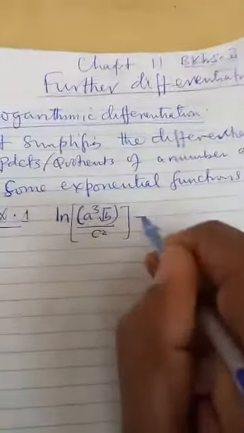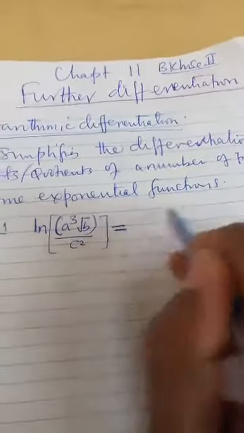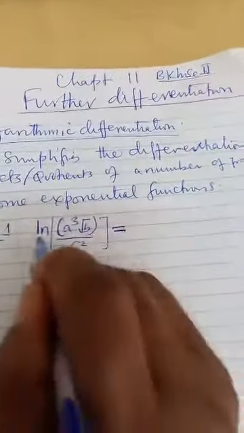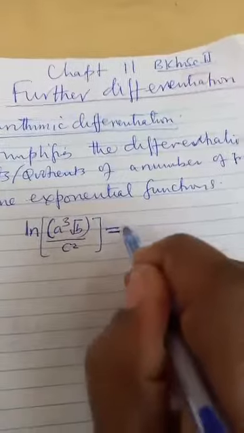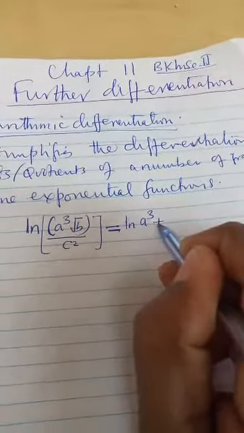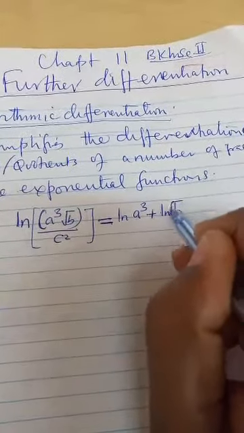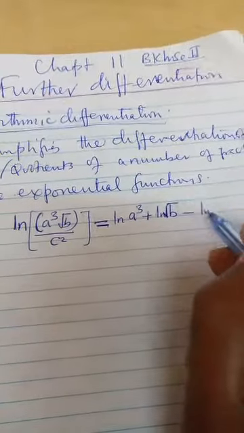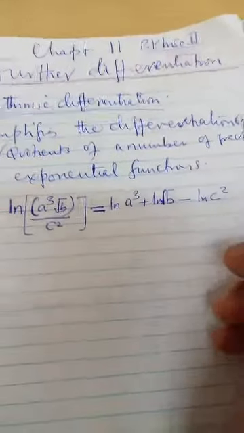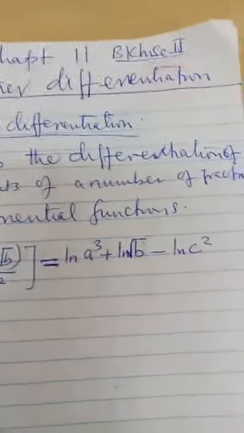We need to be able to know that this can be expressed, knowing that ln is log, as the ln of a cubed plus the ln of b square root minus the ln of c squared. The candidate should already know the logarithm rule that you can use to simplify this.